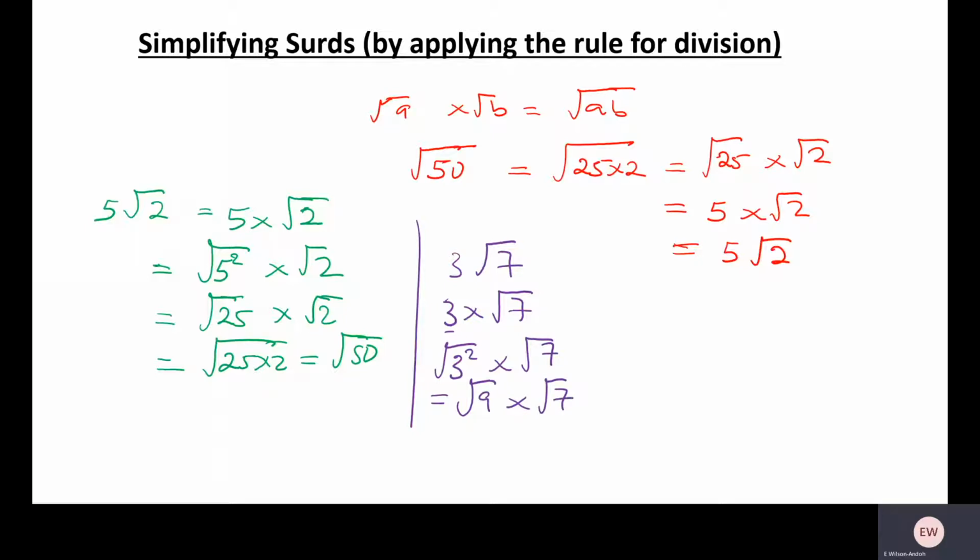We have 9 and 7 all in a root, so we can write this as square root of 9 times 7, which is equal to square root 63. So 3 root 7 is the same as square root 63. And you can check this in your calculator to see if you get the same answer for both.